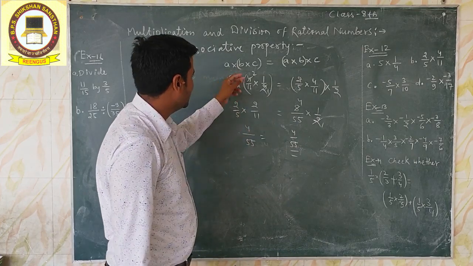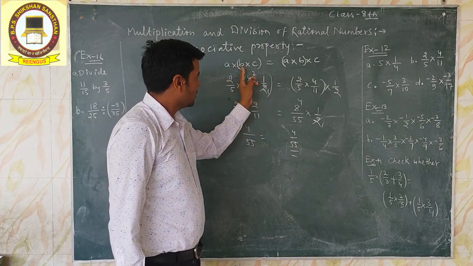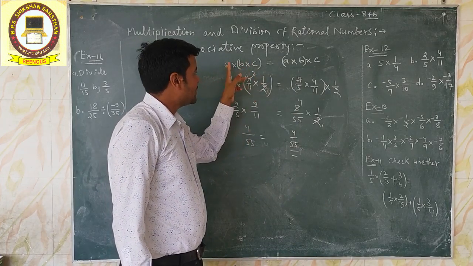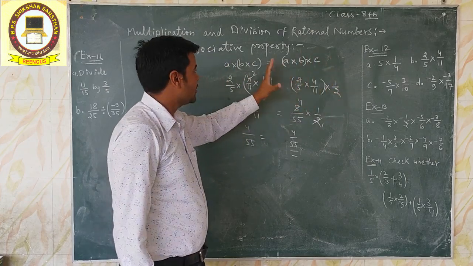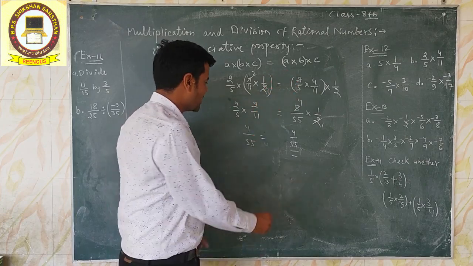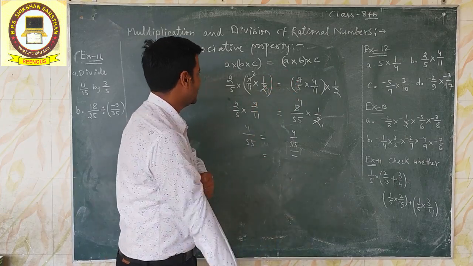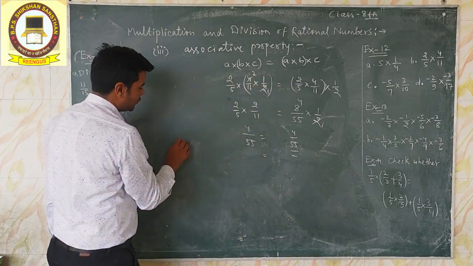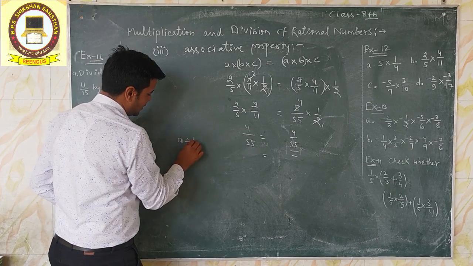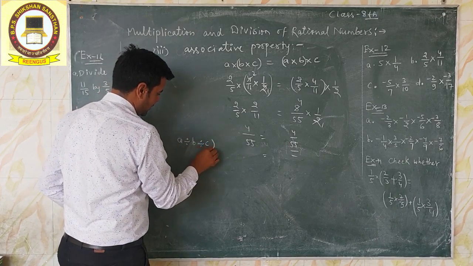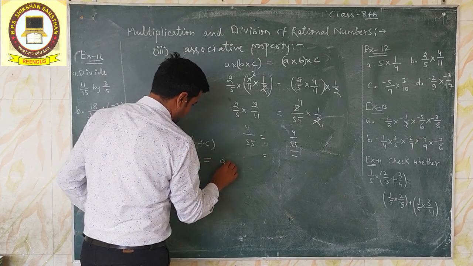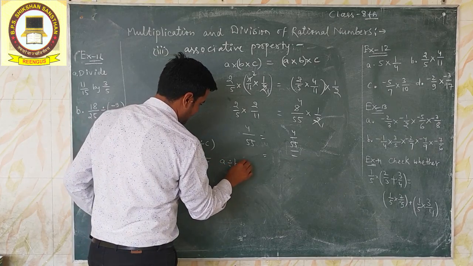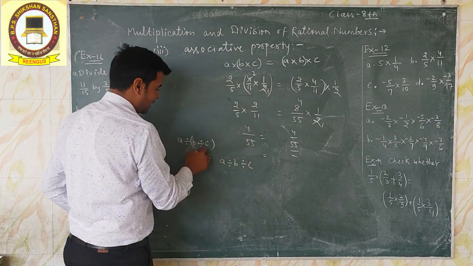So we can see B into C then multiplied by A, and A into B then multiplied by C. There is a sequence in how we do it, but the answer is the same, right? But is it true for division? A divided by B divided by C. The bracket is on B and C here.